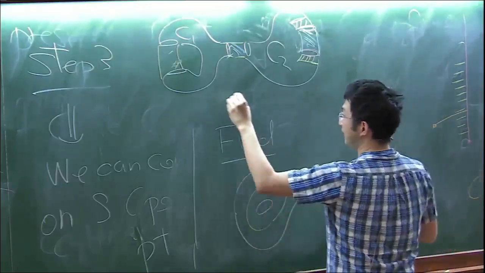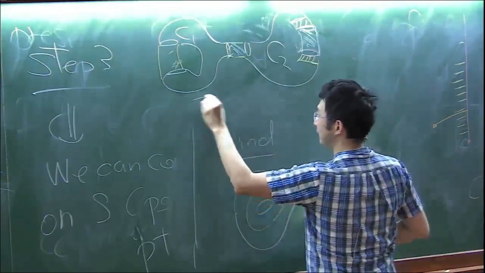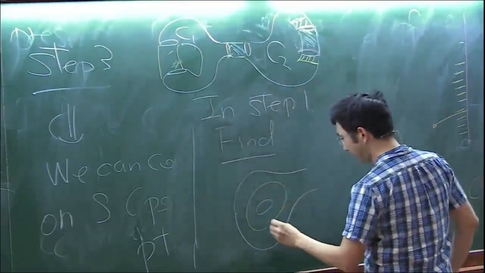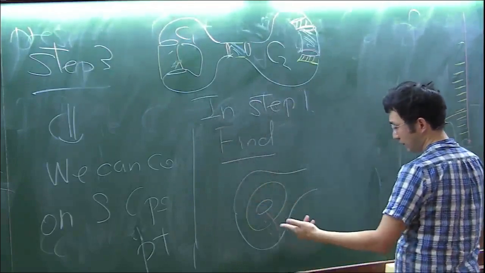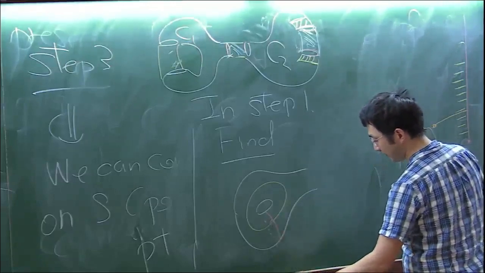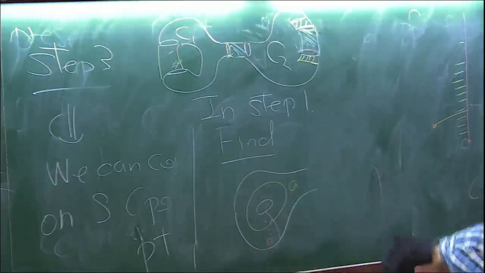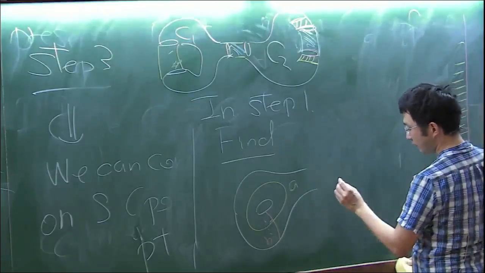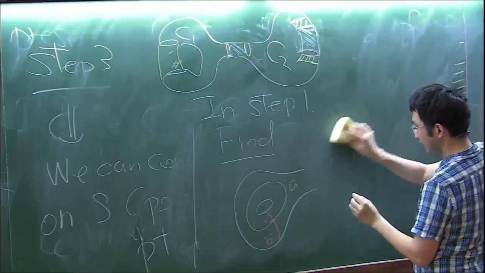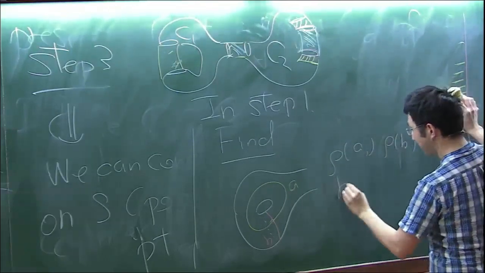So sub-step one of step one: we need to find a pair of simple closed curves intersecting at a single point, say A and B. They call it a handle. Such that rho of A and rho of B are hyperbolic.